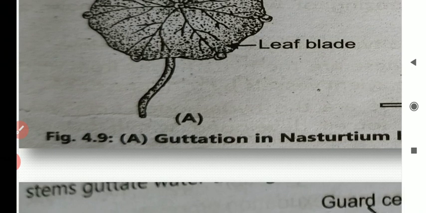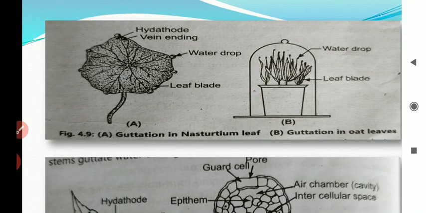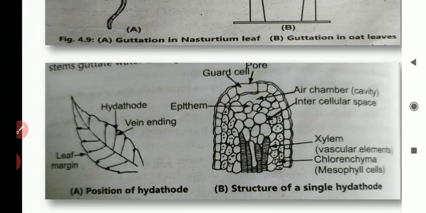These hydathodes are special stomata. They are present on tips or margins of the leaves. Look at the position of hydathode in diagram A. At the end of the vein and at the margin of the leaf there is a presence of water stomata or hydathode.